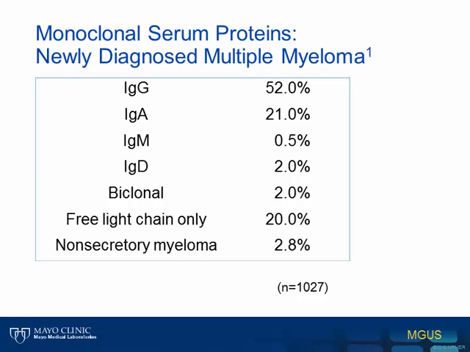Although the IgG, IgA, and IgM myelomas often present with large M spikes, IgD, light chain myeloma, and non-secretory myeloma rarely present with large serum M spikes. The implication is that we cannot ignore small monoclonal proteins because they may represent very significant disease.